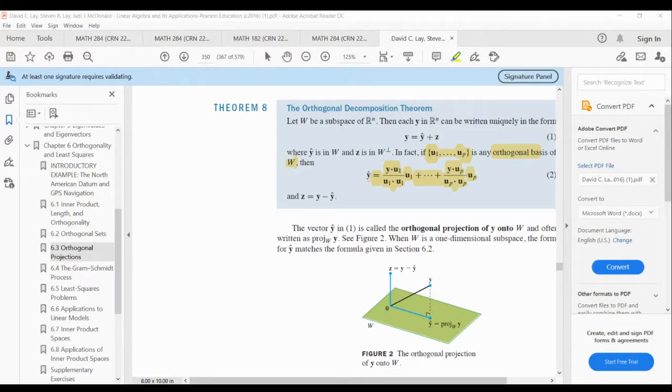However, in section 6.5, you're going to learn that we can actually find the projection of one vector onto a subspace, where the subspace is the span of vectors, but the vectors don't have to necessarily be orthogonal.